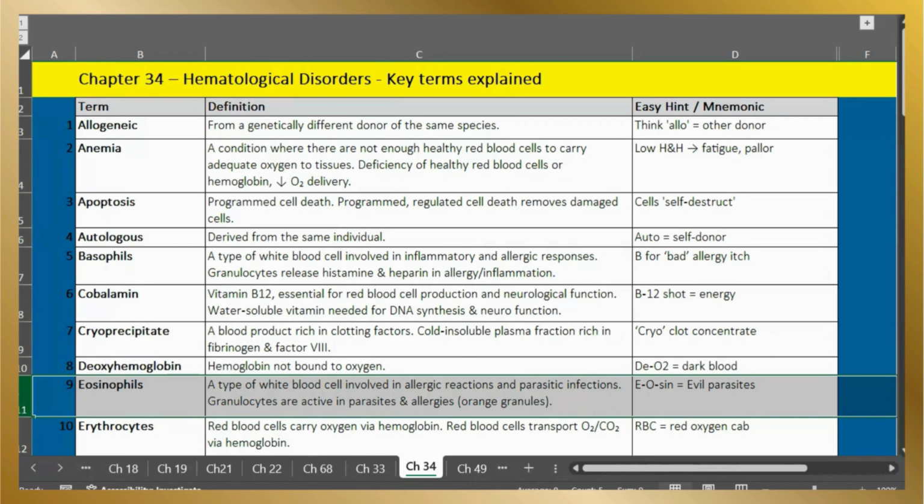It's a granulocyte, active in parasitic infections and allergies. So it's those orange granules. So eosin, evil parasite. It's elevated in asthma, allergies, or parasitic disease.